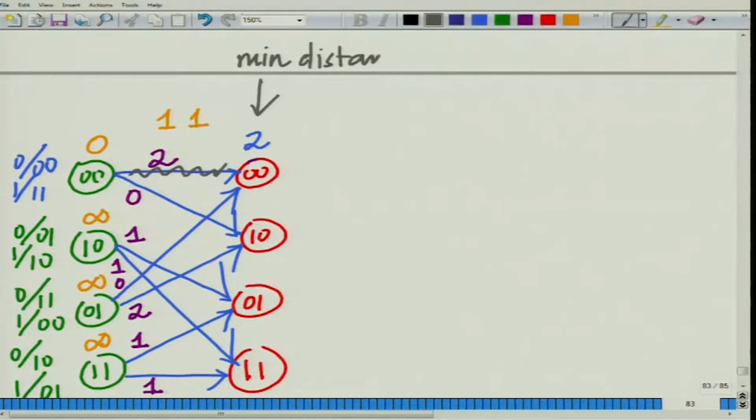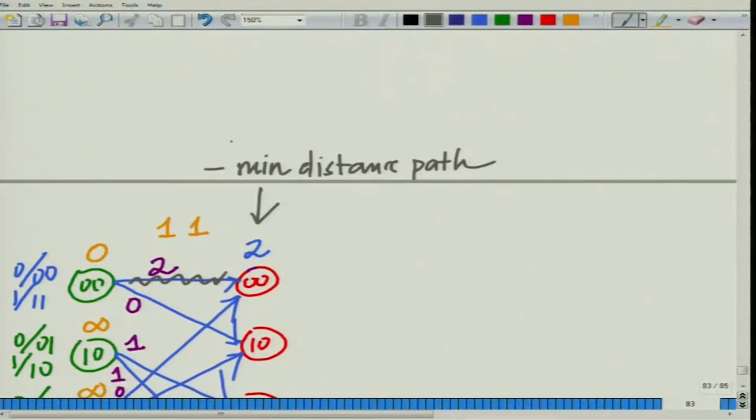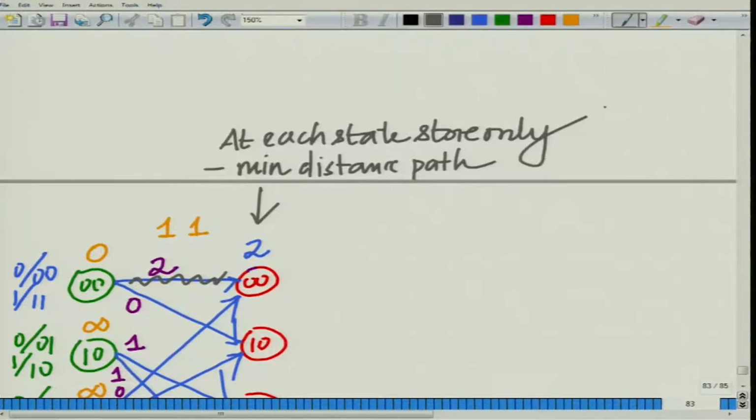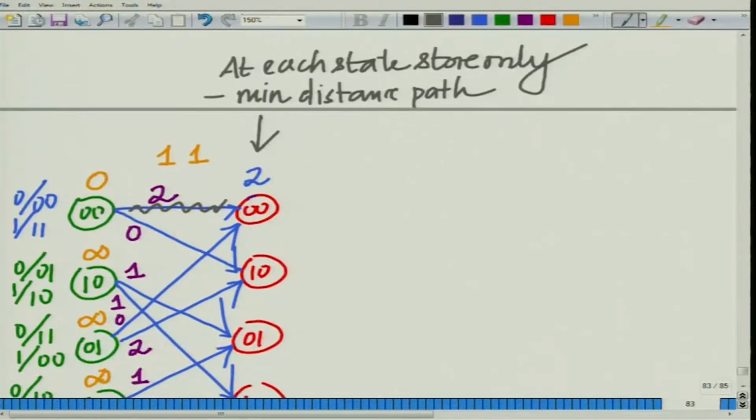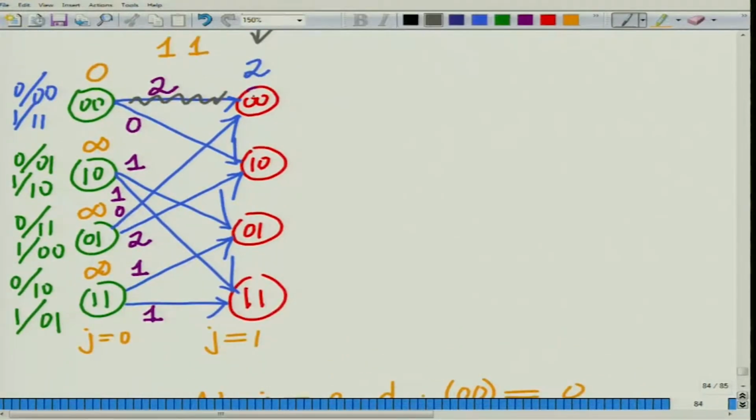So at each state we store only the minimum distance path. So for 0 0 at time instant j equal to 1, the minimum distance is 2 and the minimum distance path is from 0 0, taking the top branch with output 0 0 and branch metric 2.